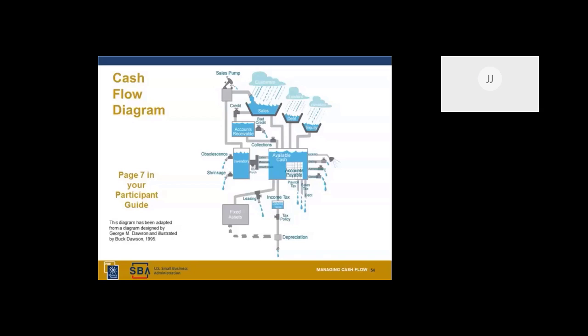In the case of Bob and the wired cup, he had $30,000 of his own money that he invested in the business. So that is going to be in the equity bucket on this diagram in the upper right-hand side. In addition to that, we know that Bob borrowed $20,000, so that came from a loan, and that's in the debt bucket on the top of the diagram as well.